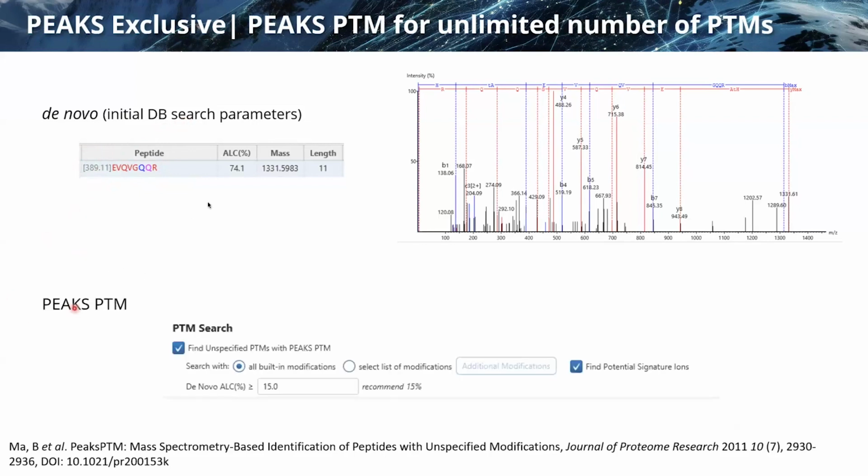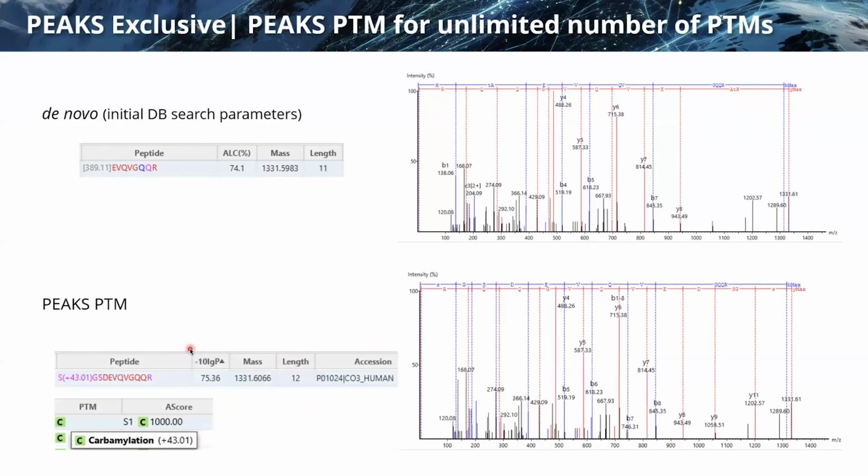Now, what we have, of course, post-database search, you can select the PEAKS PTM algorithm, which will now or can easily search through all of the PTMs as per the Unimod database and as built into our PEAKS, or you could give it a selected list of modifications, but you can add as many as you wish, essentially, because, again, based on the sequence tags, now we can permutate in and try to find this missing part.